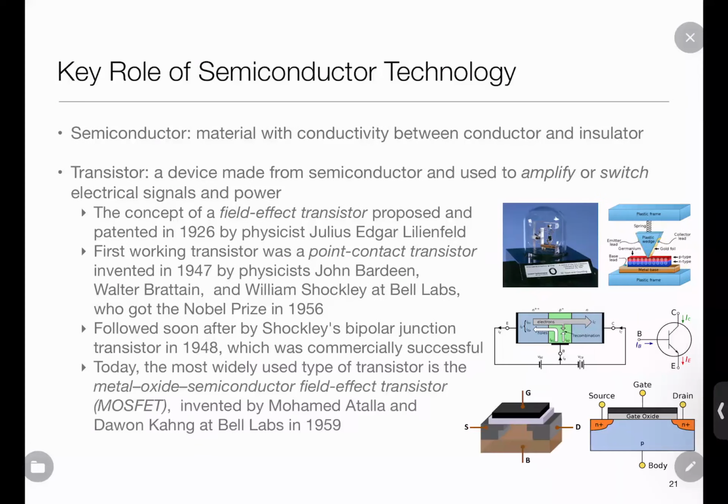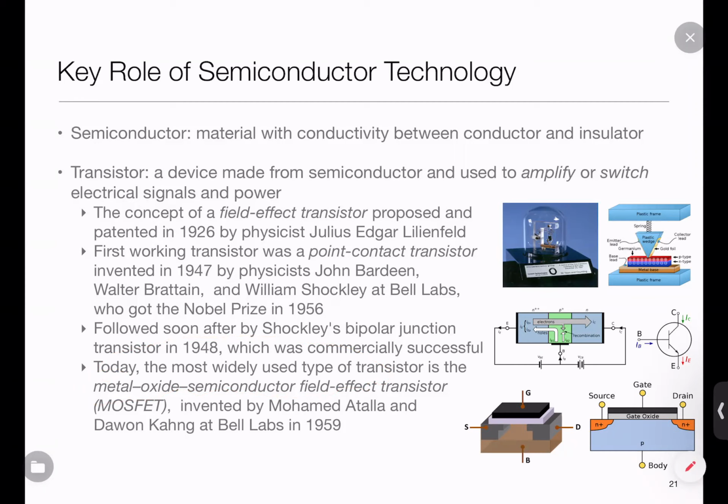In digital systems, we use the metal oxide semiconductor transistor, which is actually the same type of transistor which was originally conceived but couldn't be built. This was also done at Bell Labs, around 1959.